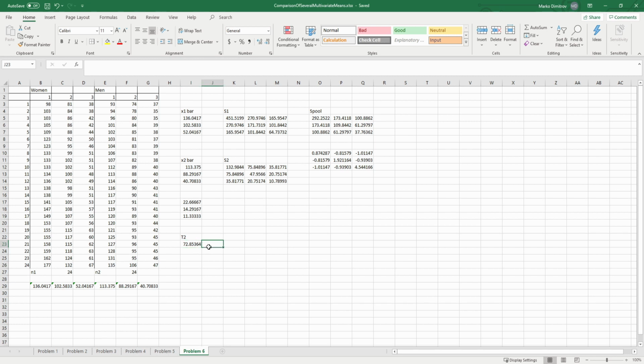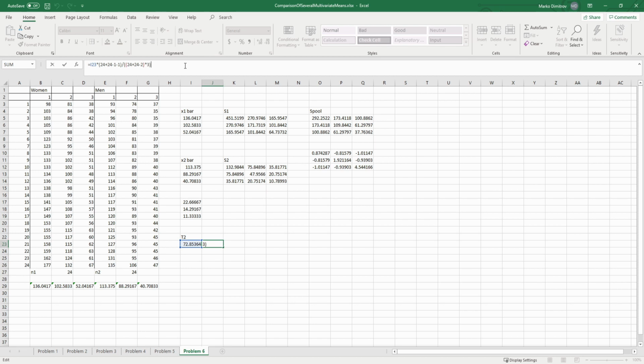We just need to, because we have the same sample size, but let's write it by hand, multiply it with a constant, 1 divided by 22 times 3. Okay, so this is our constant.